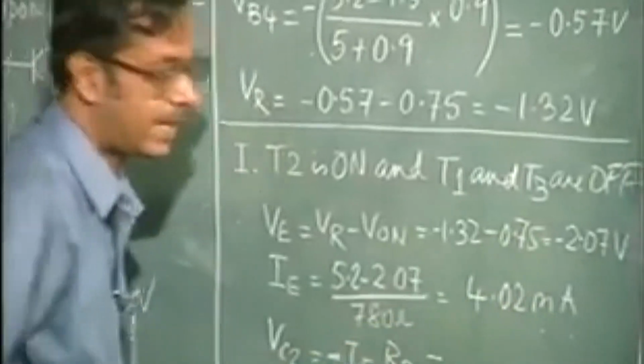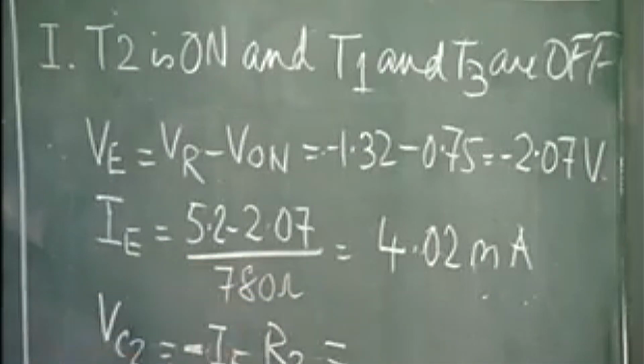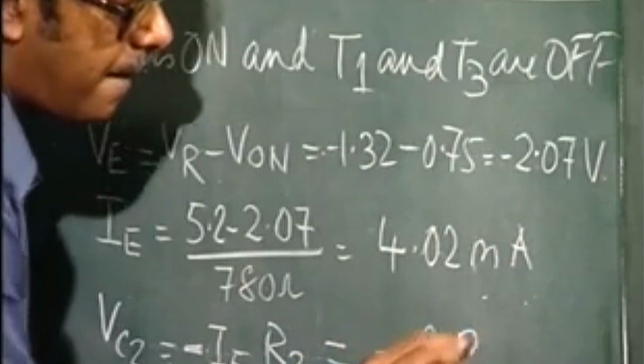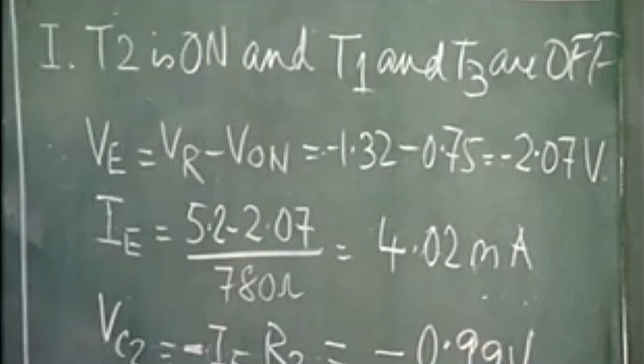So if you do this calculation, 4.02 milliamperes into 245 ohms, this gives minus 0.99 volts.